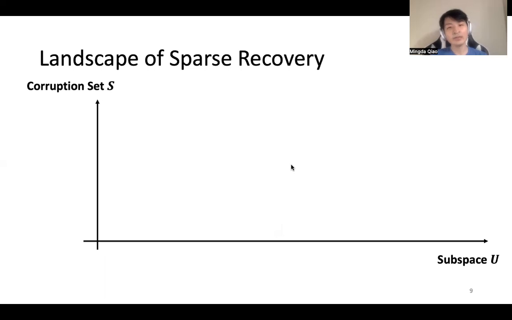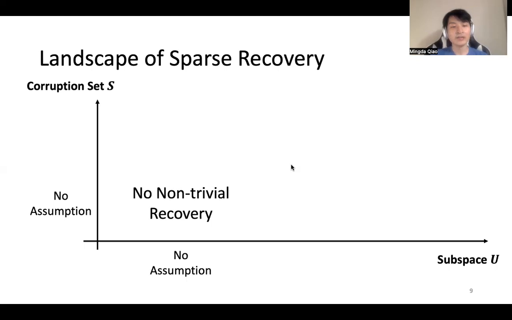At a higher level, we can imagine this two-dimensional landscape of sparse recovery, where one axis corresponds to the amount of assumptions we made on subspace U, and the other corresponds to the assumptions on the corruption set S. We saw from the last slide, if there's no assumption of any kind, we can't do anything non-trivial.